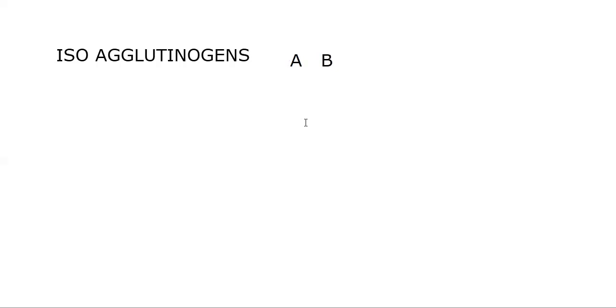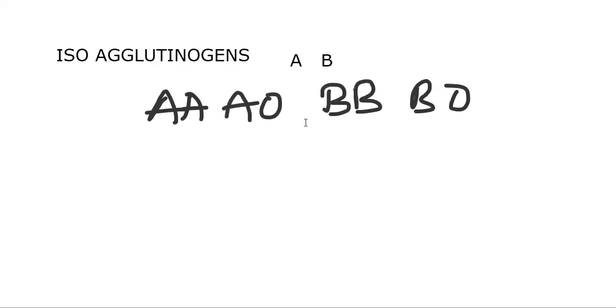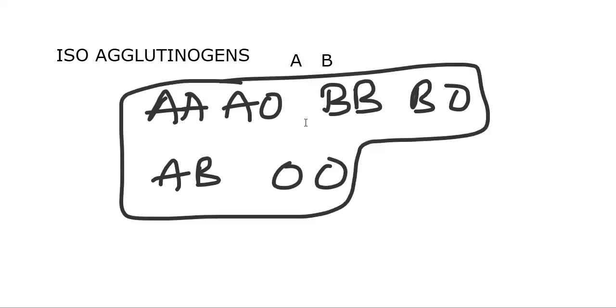At the time when we were doing the blood group inheritance, we wrote like this: AA, AO, BB, BO, AB, and OO. Genotypes we wrote in this particular format, isn't it?